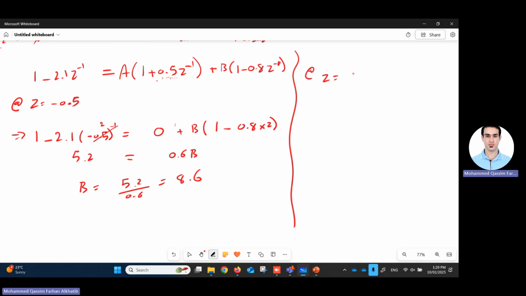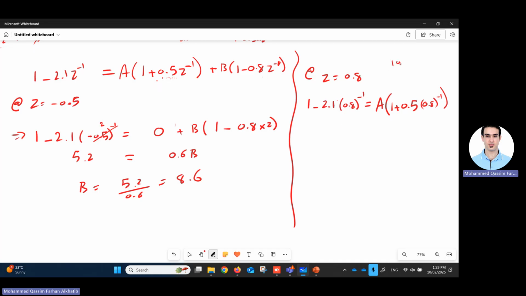Now what about A? At z equal how much? 0.8. I will have 1 minus 2.1 times 0.8 negative 1 equals A times (1 plus 0.5 times 0.8 inverse), and this will become 0. So what is 0.8 inverse?